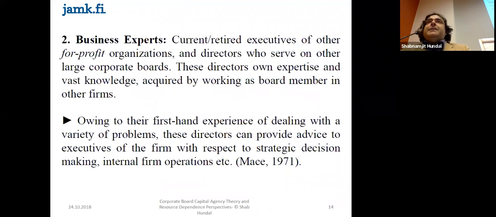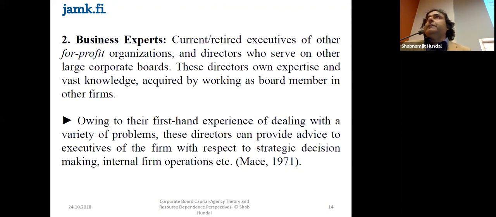For example, Finnair's directors also serve on Nordea's board of directors, and the people who serve on Nordea's board also serve on Kone's board of directors. So these directors have their own expertise, vast knowledge, diversity, they're very well connected, and so on and so forth.